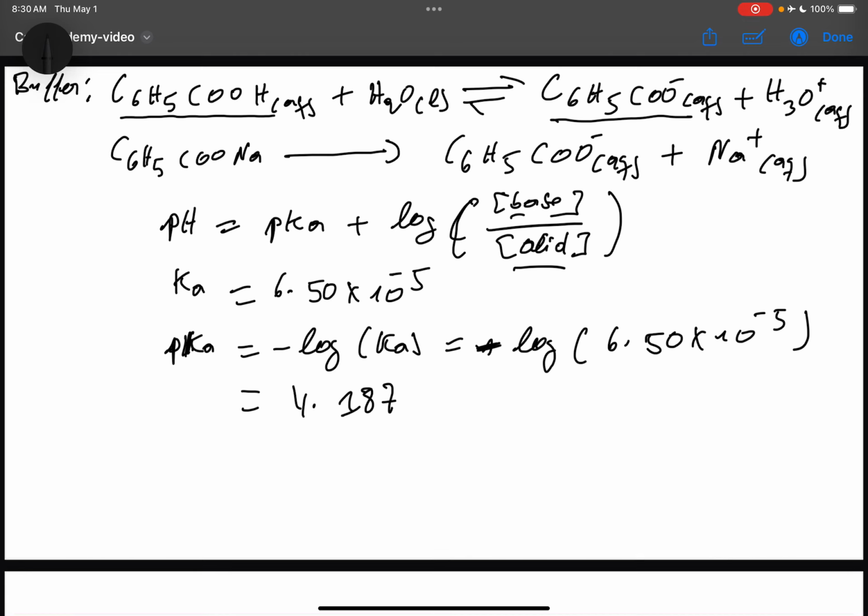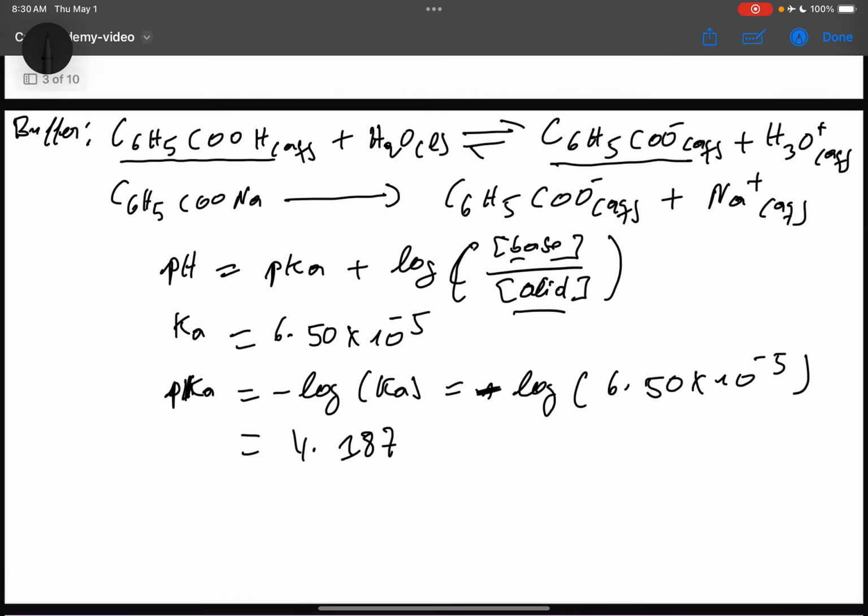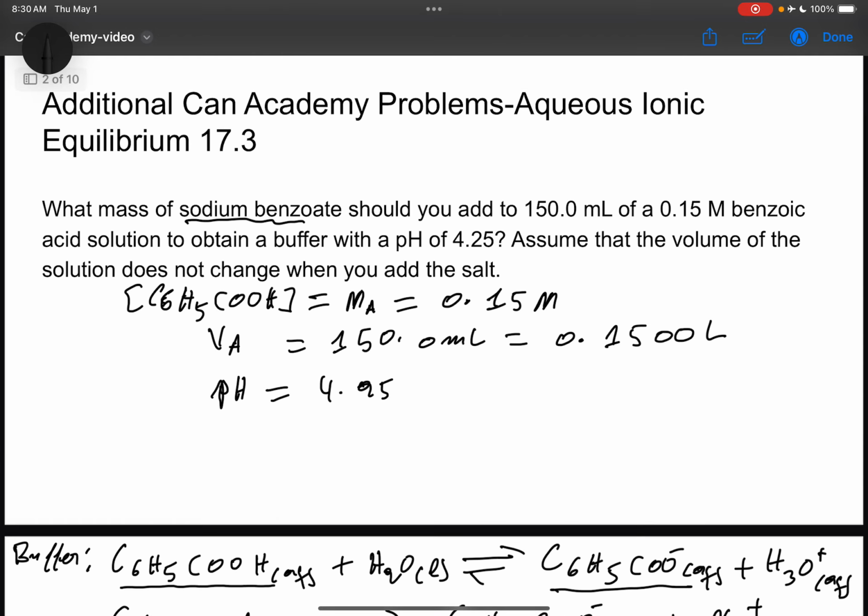Then we have everything to calculate the concentration of the base. Once we get the concentration of the base, we can calculate the number of mole of the base by using the volume that we have here. Because they said we assume that the volume of the solution does not change when we add this sodium benzoate, we can calculate the number of mole of the base using the volume that we are given.